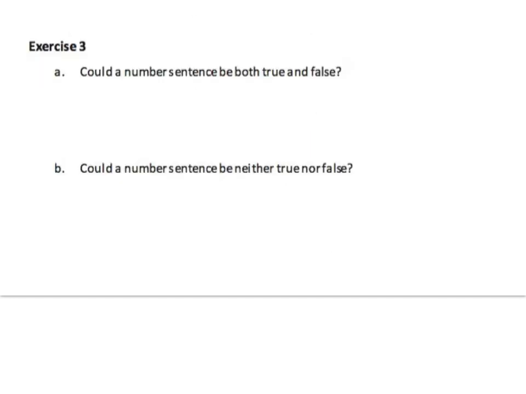All right, exercise 3. Could a number sentence be both true and false? Could a number sentence be neither true nor false? A number sentence has a numerical expression that always equals a number. So a number sentence, if we have an equal, we're always going to get a number and a number, on the left and the right.